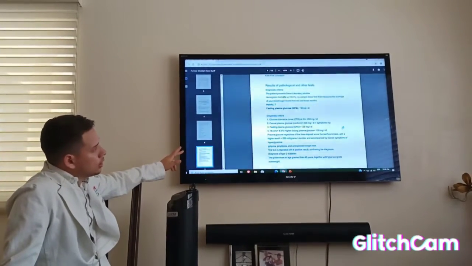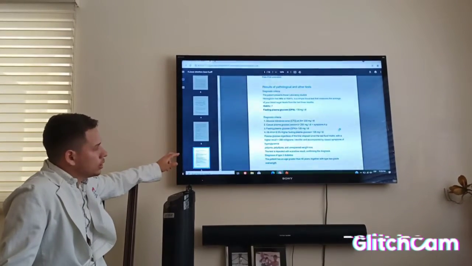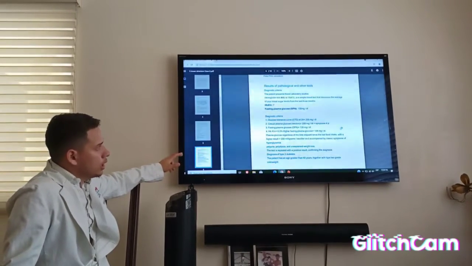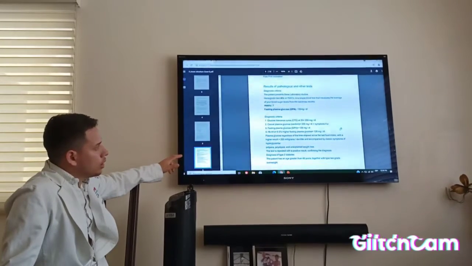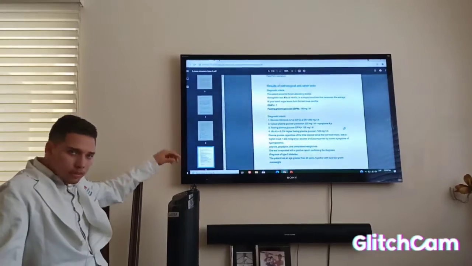HbA1c 7. Fasting plasma glucose, FPG, 130 milligrams per deciliter.